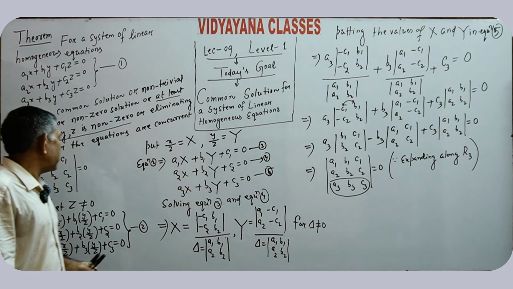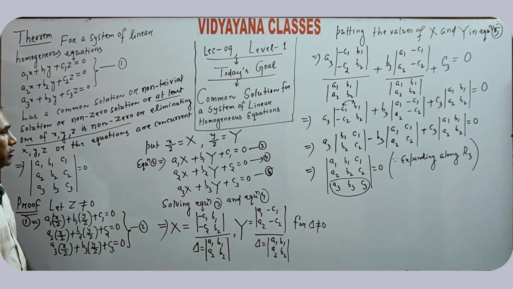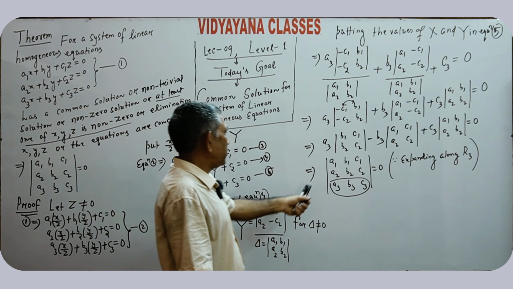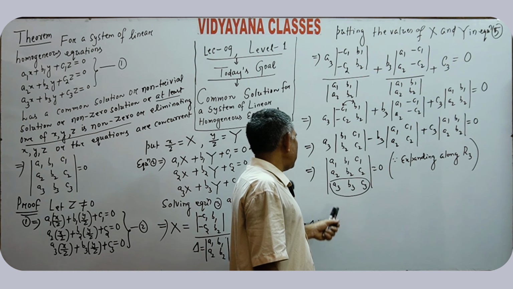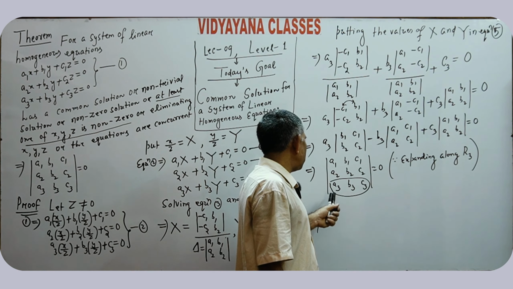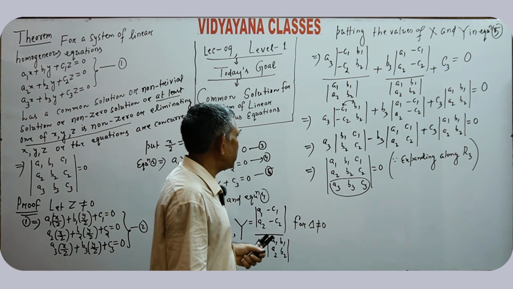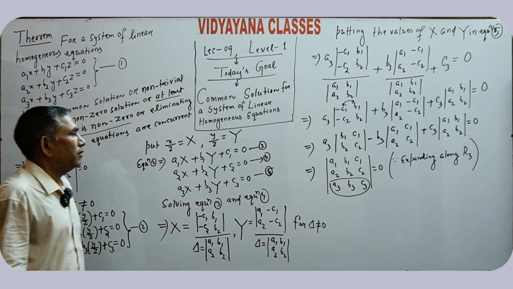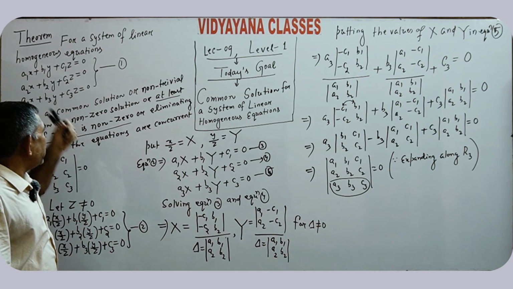Eliminating XYZ from the system of equations, it gives the determinant having elements A1, A2, A3, B1, B2, B3, C1, C2, C3. Hence the statement is proved.